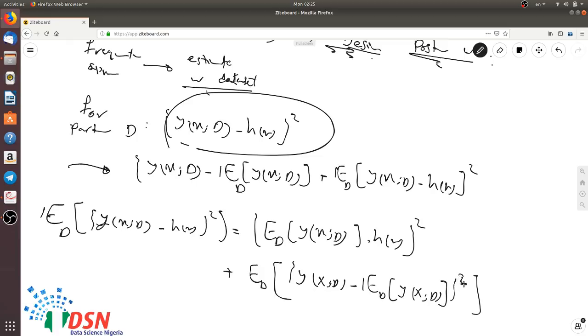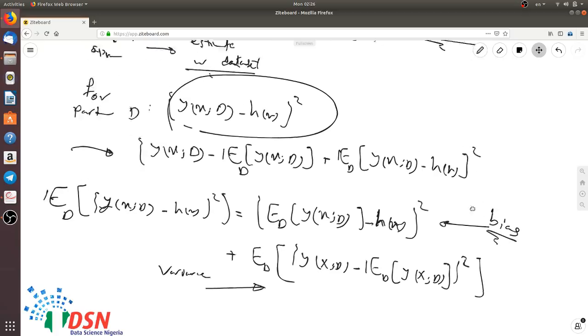Okay, now we will call this term the bias term and call this the variance. Why? Because it means how much the average prediction of y over all the data sets is different from h of x, which is the true function of the training data.